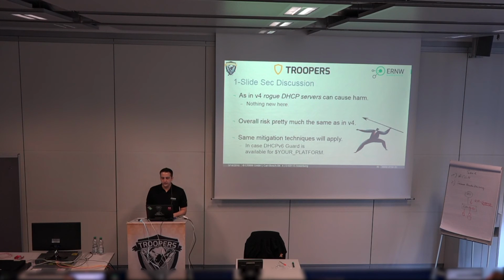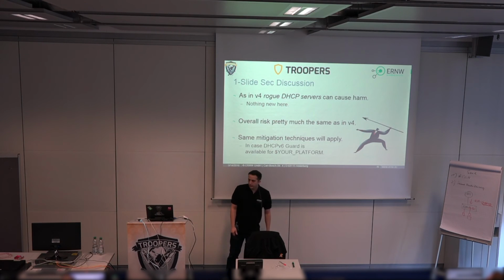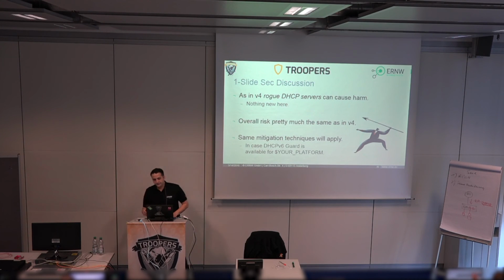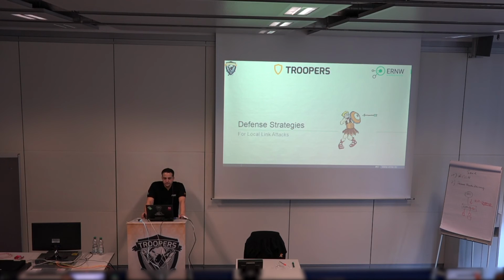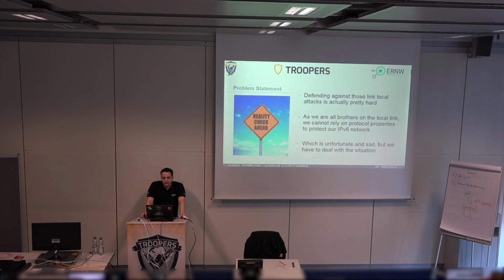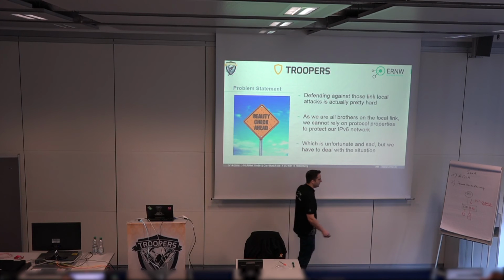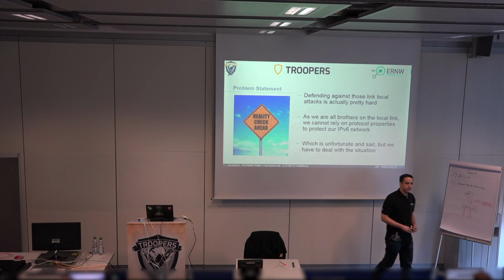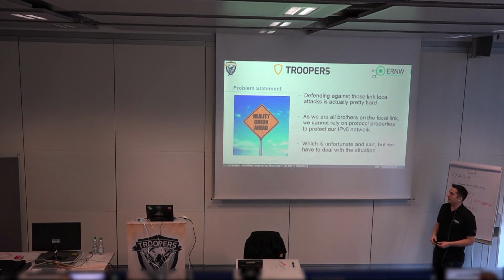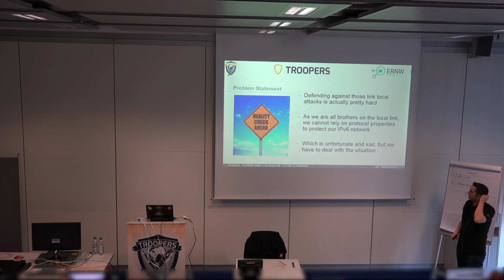So these are pretty much the attacks on the local link. Okay, that all sounds really bad, but what can we do about it for these local link attacks? As I already said, there are a couple of features which can be implemented on your typical access layer switch when it is supporting the IPv6 first hop security features.